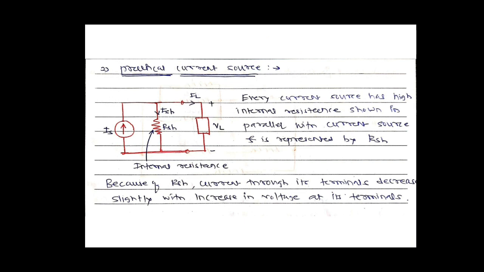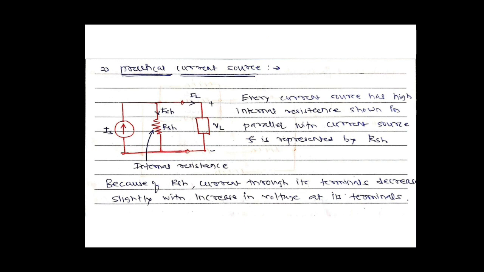It is represented by Rsh. So Rsh is the high internal resistance, connected in parallel with the current source Is. So this is the practical current source.